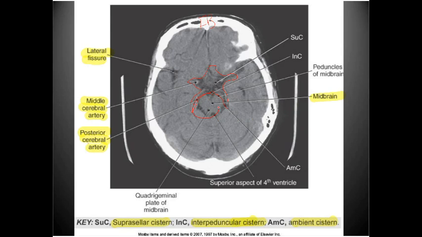This is called the midbrain, located just posterior to the circle of Willis. We're not going to worry about all of the arteries on this because it's very hard to differentiate without the introduction of contrast. But we do have the suprasellar cistern, which is located here. The ambient cistern here. And that's pretty much it for this image.